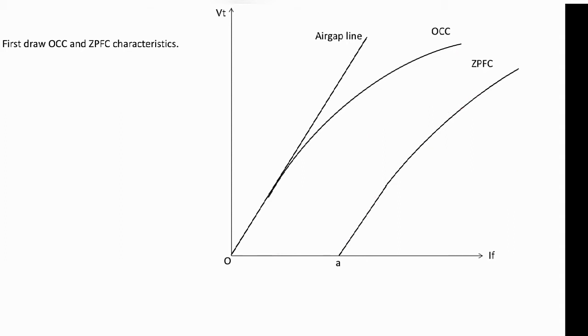So it goes from O to A. This OA comes from when the terminal voltage is 0.